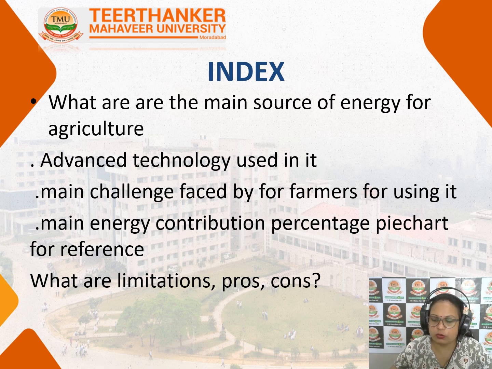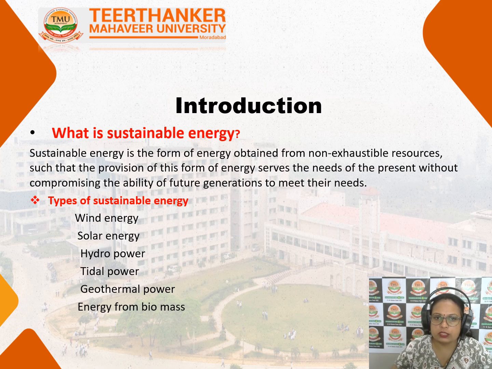Then we'll discuss the pros and cons of the technologies that are used to harness the energy sources in agriculture. We have already discussed the different sources of energy in our previous lecture. Now it has been clear that sustainable energies are those energy sources which are non-exhaustible.